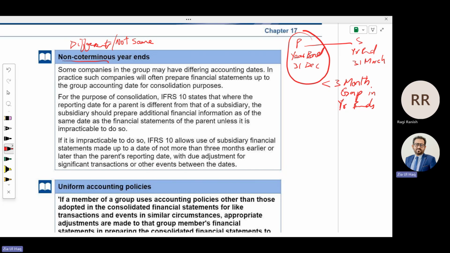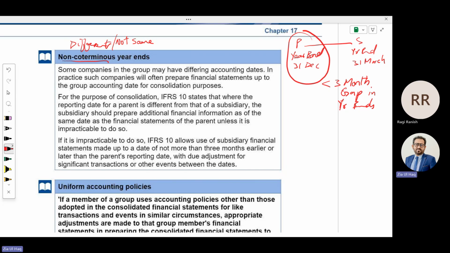The 9 months you can calculate and prepare financial statements. But for the extra 3 months, obviously the financial statements are prepared after the 9 months. So you need to prepare some interim accounts for the 3 months and consolidate. So in case of different year ends of the parent company and subsidiary, first you need to take some steps so that the year end is the same.